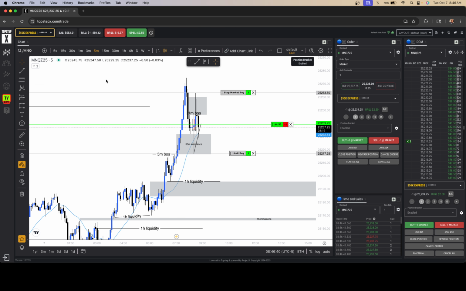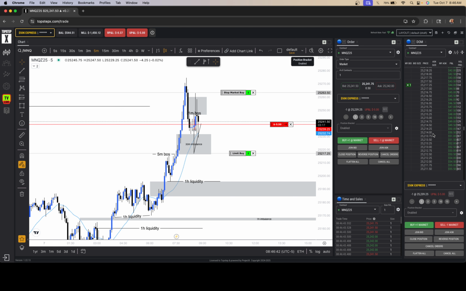Now on the actual funded, that would put me up 40 bucks. So, and we're risking probably close to the same, around 40. Yeah, 48. So it's really barely a 1-to-1.